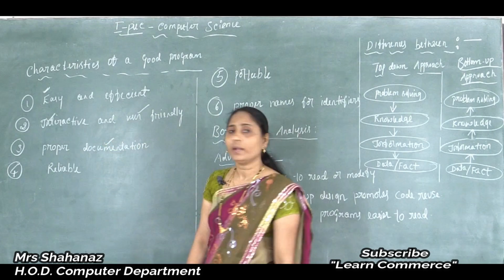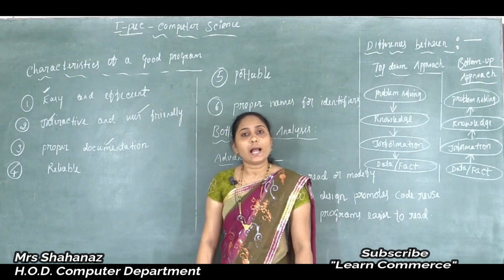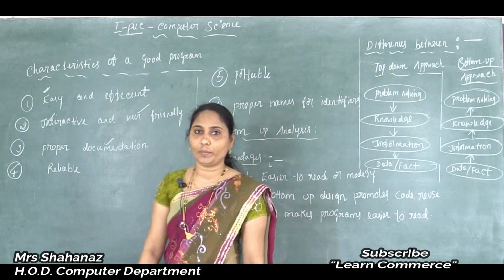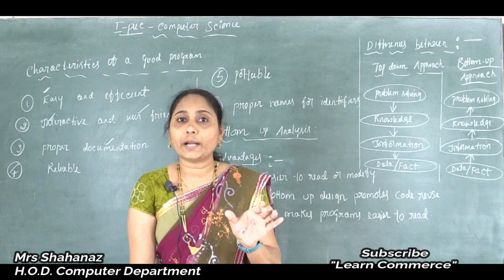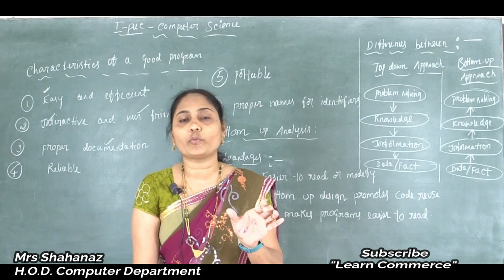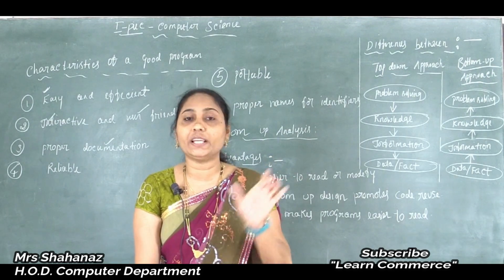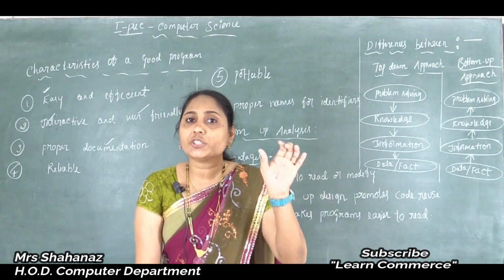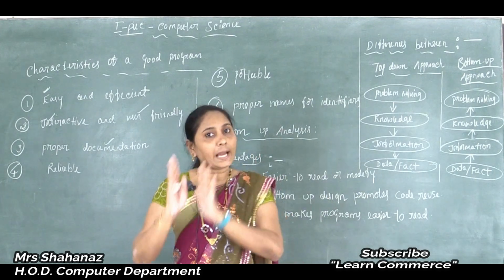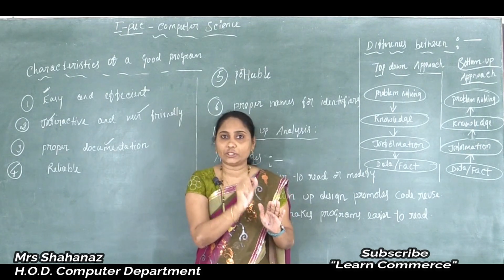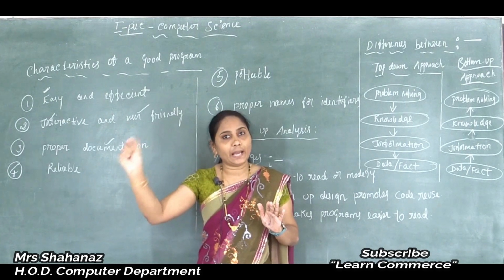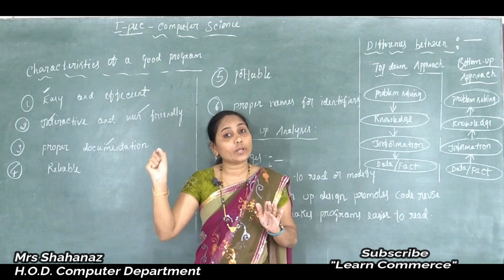And next one, proper documentation. As we know, when you write the code of the program, sometimes we can't understand the meaning of each line of code. So just to understand, we add some explanation inside each line of code. For example, it is the header file, and here we input the data.